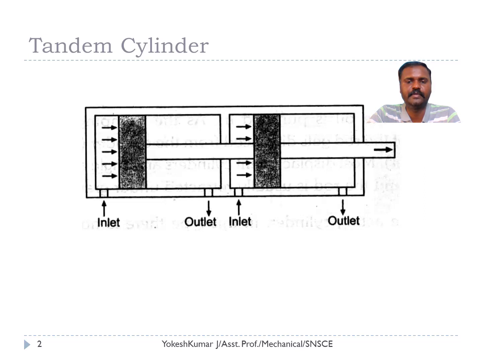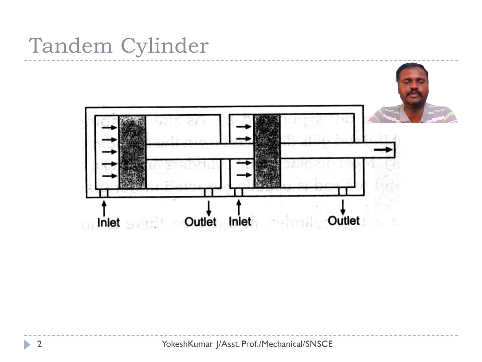So here we have two pistons, and for each piston we have an inlet and outlet. The high pressure oil from the hydraulic pump and the direction control valve is sent to the inlet of the cylinder. The pressurized oil pushes both the pistons. Since the area is large, the force exerted by the piston rod is also very high.